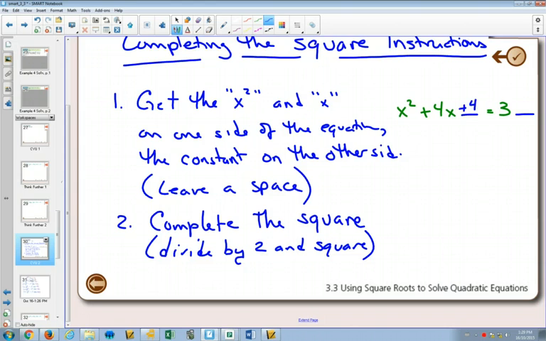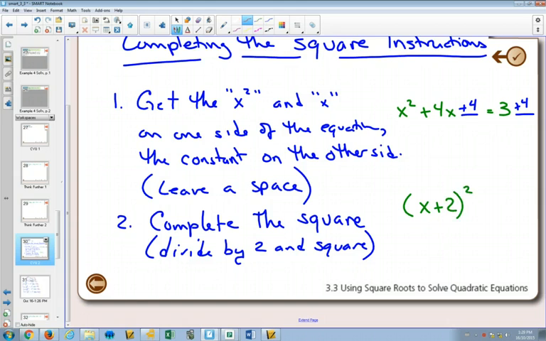And because I added 4 to one side of my equation, I have to add 4 to the other side of my equation. Okay? Now that we've added 4 to both sides, we can finish the completing the square by writing it as it's now x plus 2 all squared on the left.